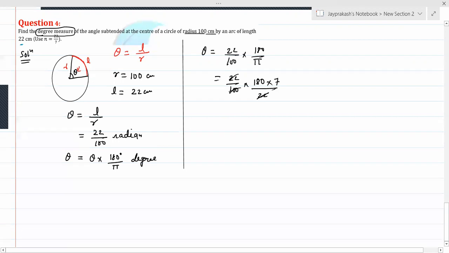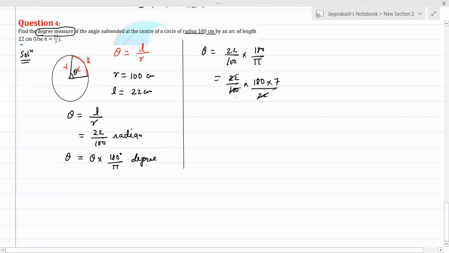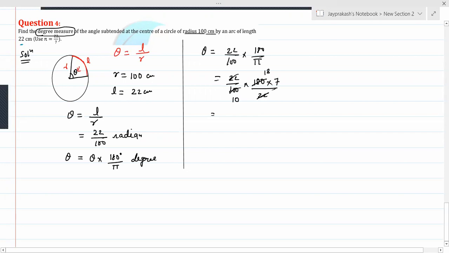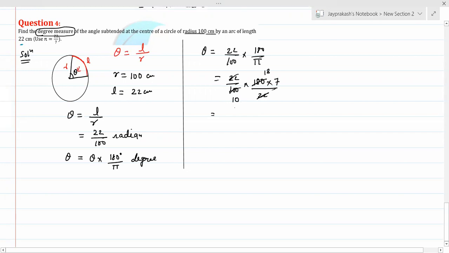This one cancels, then this 2, 10 is a 100, 10, 18, the zeros cancel. Then let's multiply it so your division will be easier. So 18 sevens are 126. 126 by 10. Now this is in degree.